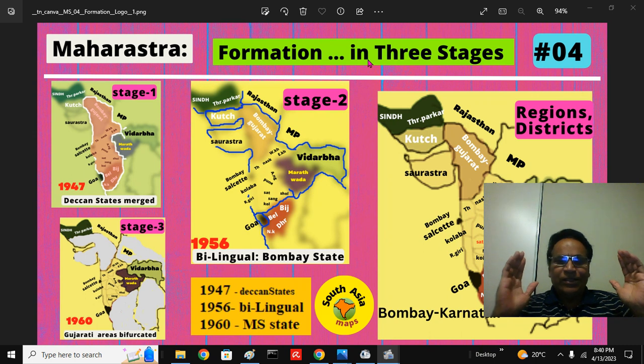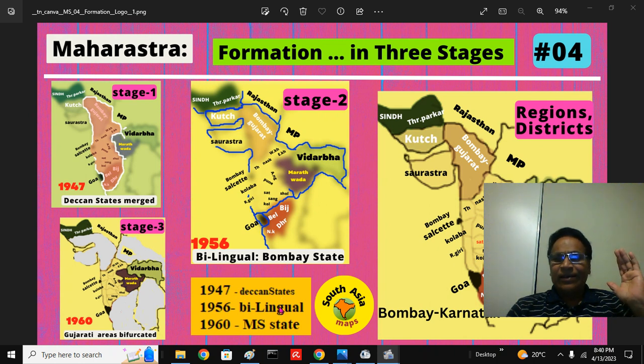I made it very simple for you. The formation of the Maharashtra state happened in 3 stages or 3 phases. First, 1947 partition independence, you can say the merger of Deccan states.